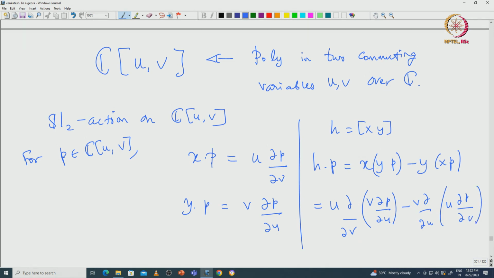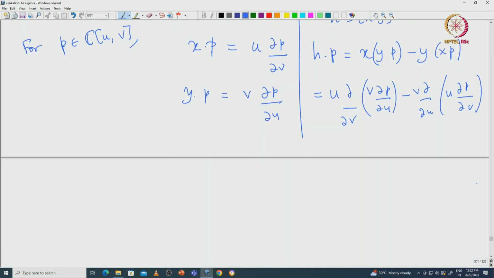So, if you do the computation, then what do we get? ∂/∂v of v ∂P/∂u is nothing but ∂P/∂u plus v ∂/∂v ∂P/∂u. Okay.